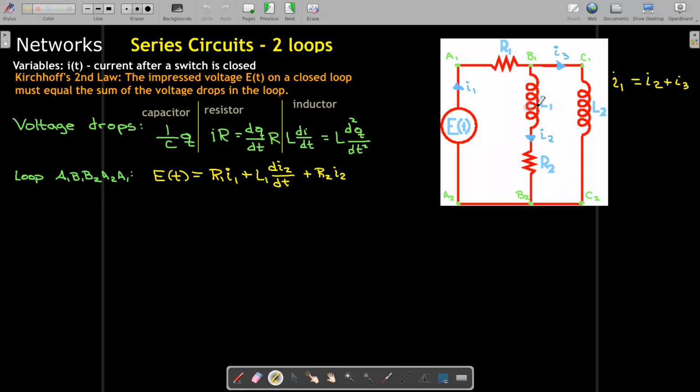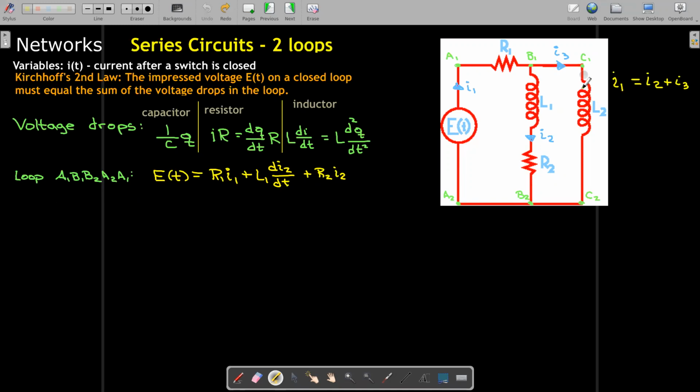That will pass through the inductor L1. So that's my next voltage drop. And then after passing through the inductor, that same current goes through the resistor. So I have an additional voltage drop as I get to B2 and I come back.